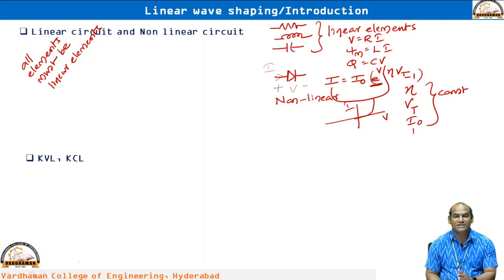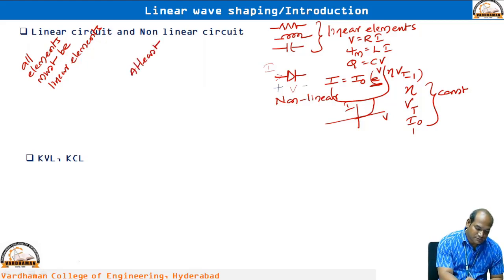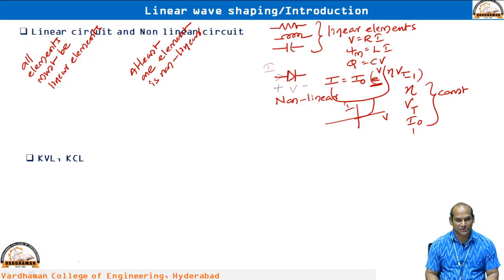At this moment I am taking the definition of the linear circuit again. Linear circuit means all the elements available in that particular circuit must be linear. A non-linear circuit is one in which at least one element is non-linear, then the circuit is said to be a non-linear circuit.